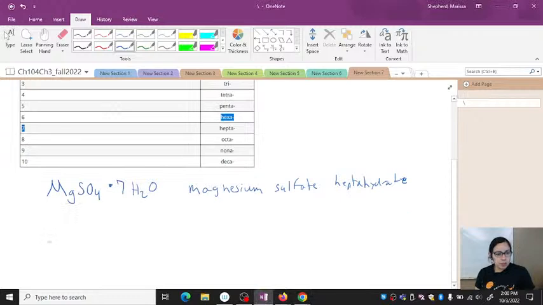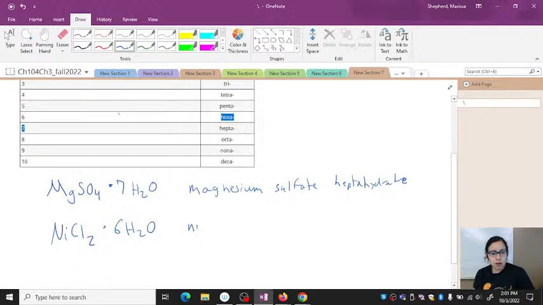So we would have nickel, and it's nickel 2 chloride, NiCl2, and then hexa, 6 H2O, so you could write it that way.